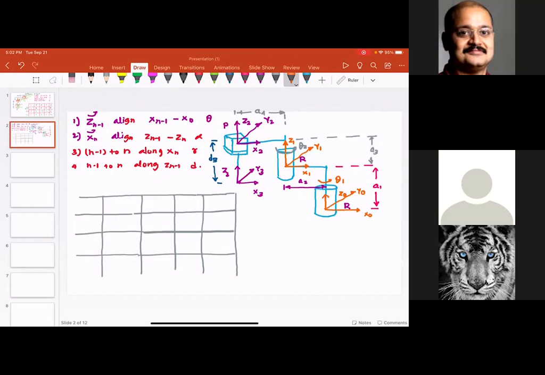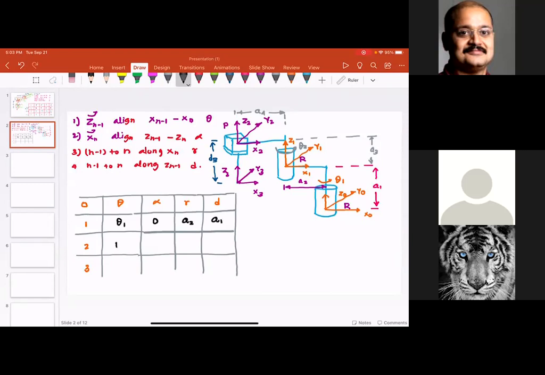So starting 0, 1, 2, 3, with theta, alpha, R, D. Now Zn minus 1, which is Z0. You will have the same logic. Why not rotate theta clockwise or counterclockwise? But I'm going to stick to my argument, and say this theta is going to be positive, theta 1. Alpha is going to be 0. R, D is going to be 1.